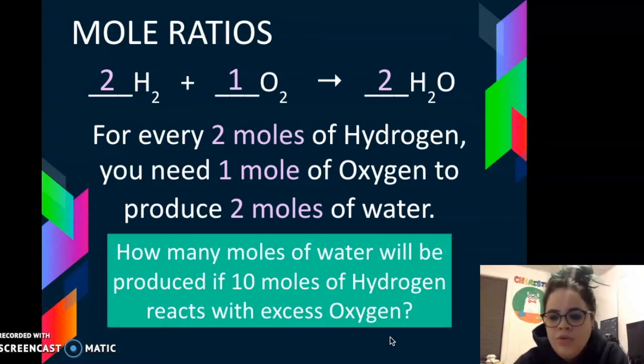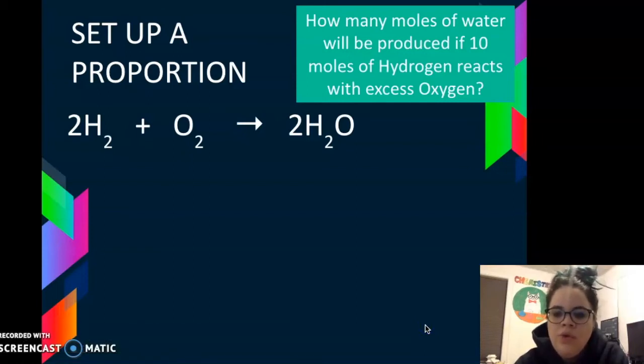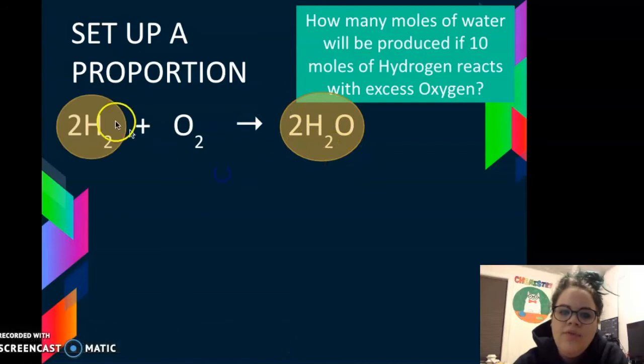You have an unlimited supply, so you don't need to worry about it. Okay, I'm going to walk you through this one. The next one you'll be able to answer yourself. So the first thing you want to do is, in a mole ratio, you're only ever talking about 2 substances, one known and one unknown. In this question, they're asking us how many moles of water if we know how many moles of hydrogen are reacting. I don't care about the oxygen.